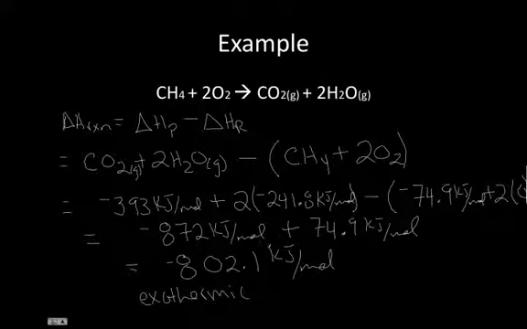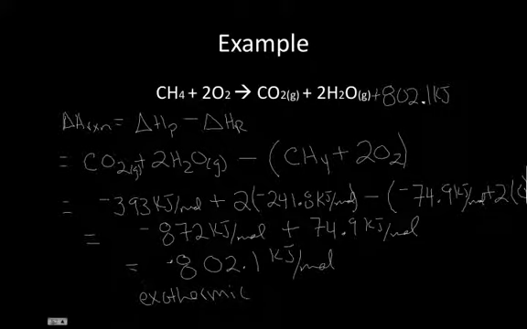The next thing that the homework's going to ask you to do is to put the energy term back into the equation. Because it's negative and it's exothermic, that means energy is released. And just like we saw before, the energy is then going to be treated as a product. So on the product side of our reaction, we then add 802.1 kilojoules.